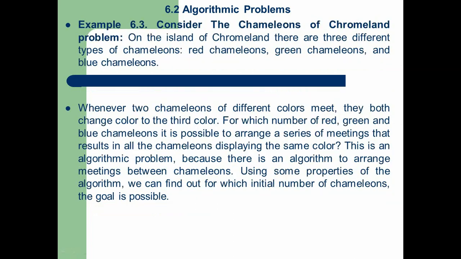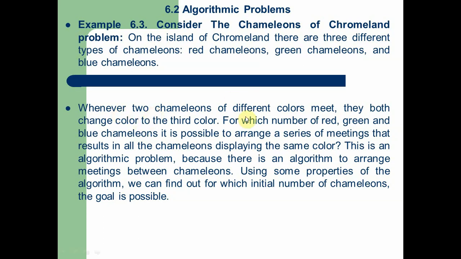In the same way, there is another problem. Consider the chameleons of Cromuland. Imagine there is an island, namely Cromuland. There are three different types of chameleons: red, green, and blue. So what is the problem here?